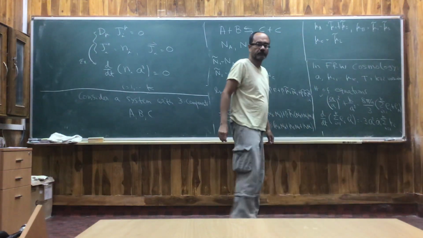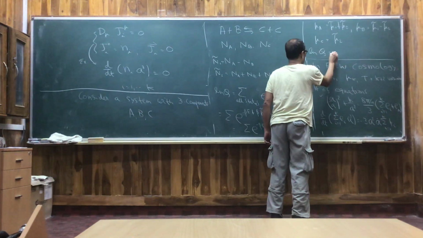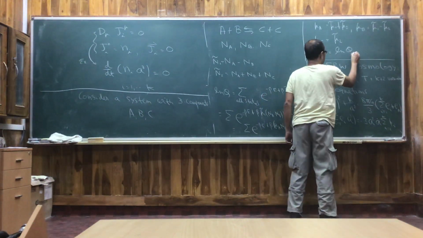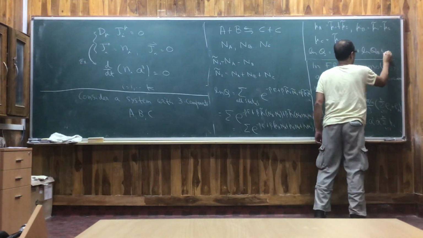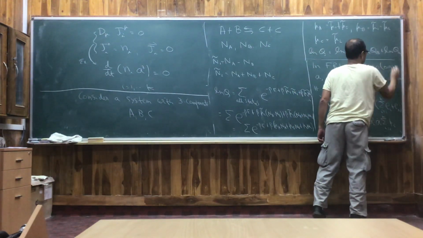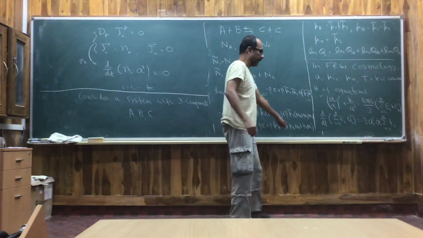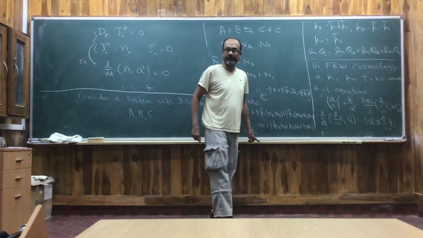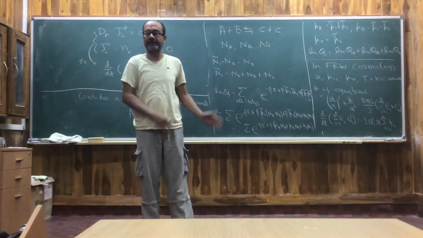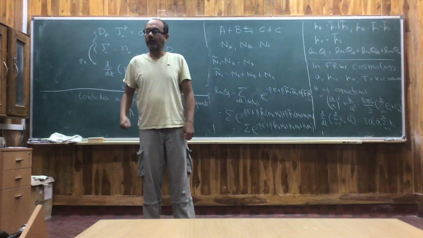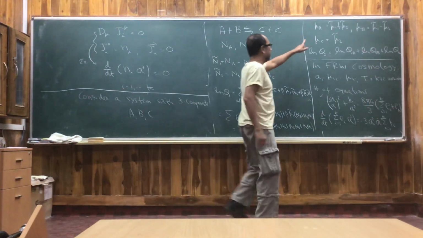And with this understanding, you can write log Q as log QA plus log QB plus log QC. Once you have written it this way, you are just doing independent sums over the states of A, states of B, states of C. Where the conservation laws have been hidden is the fact that mu A, mu B and mu C are not independent anymore.